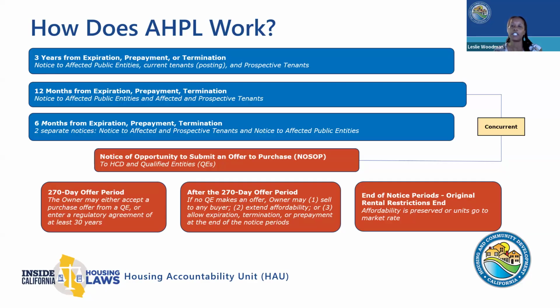And we'd like to highlight here, if a qualified entity believes they should have received a NOSOP, but did not, they should contact HCD. And we'll share more on this in a future slide.